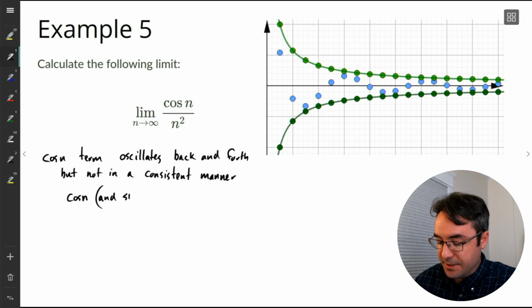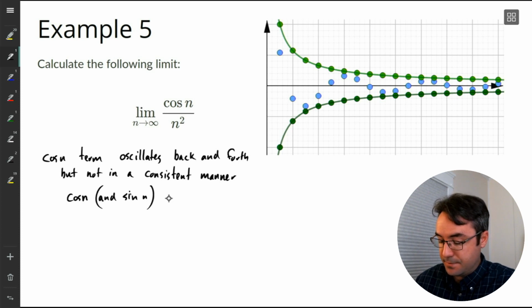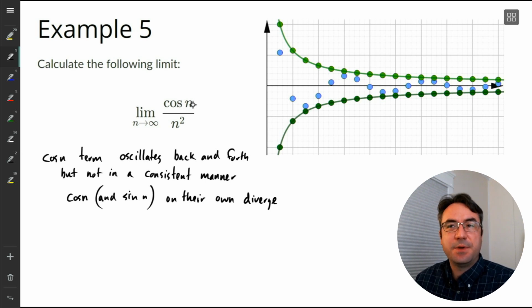And actually sine n is very similar. Cosine n and sine n on their own diverge. So we can't even look at just the limit of that by itself, because by itself that thing diverges.